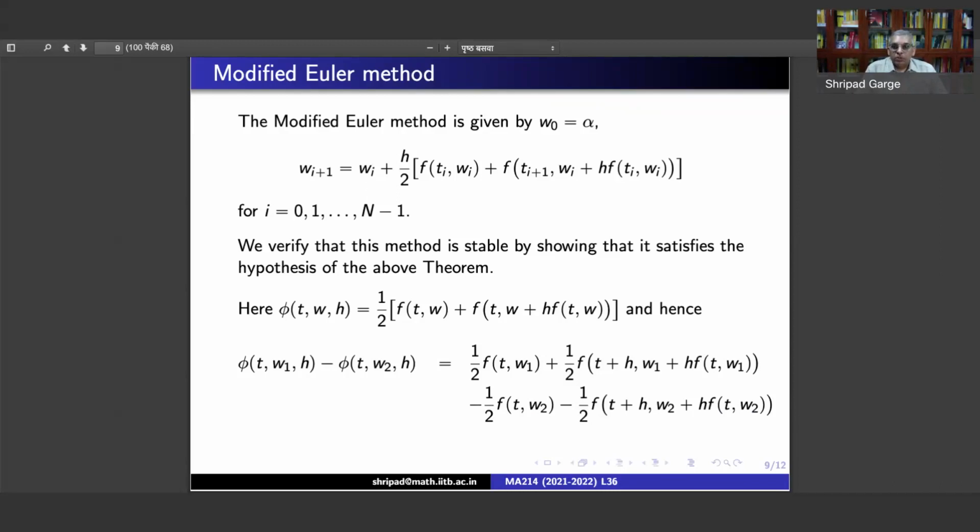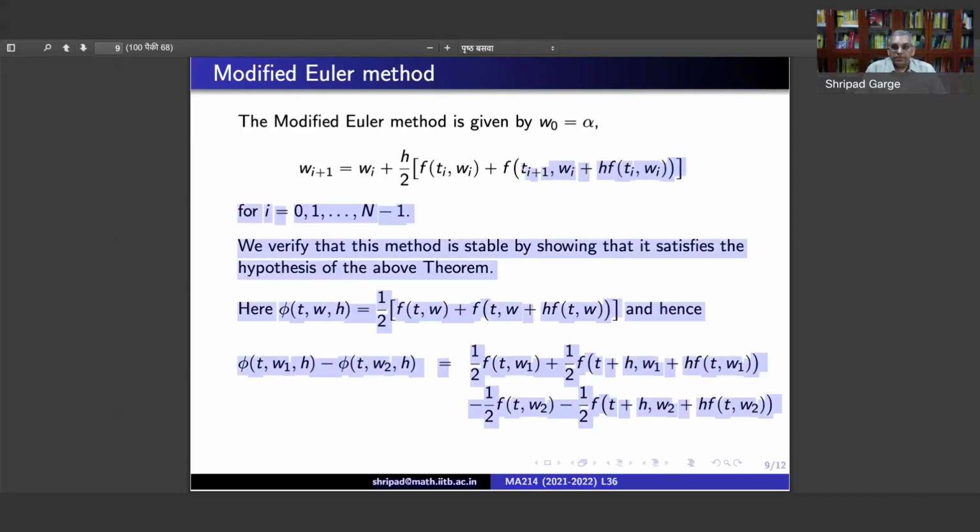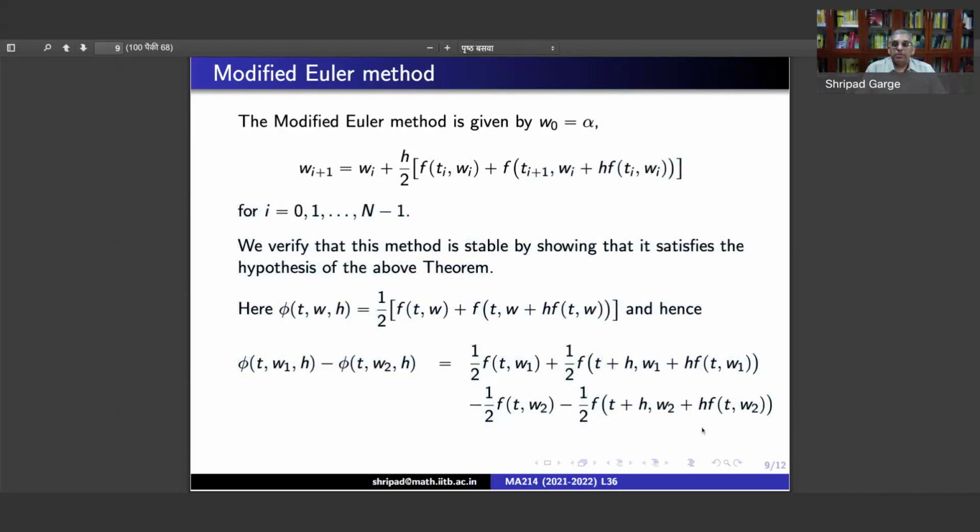This t plus h is coming because we are looking at t_{i+1}.